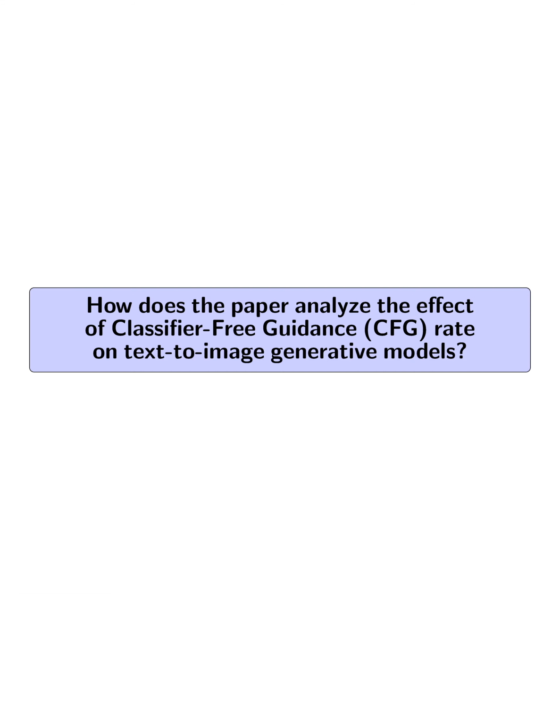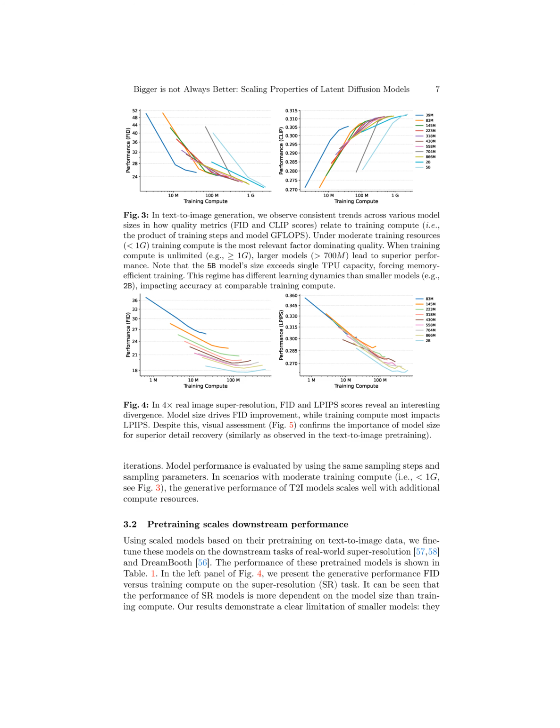How does the paper analyze the effect of classifier-free guidance, CFG, rate on text-to-image generative models? The paper analyzes the effect of classifier-free guidance, CFG, rate on text-to-image generative models by experimentally determining the optimal CFG rate for each model size and sampling steps using either FID or CLIP score.